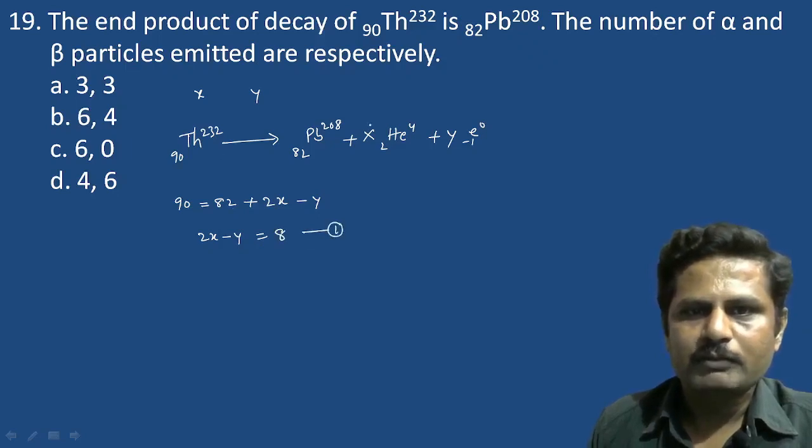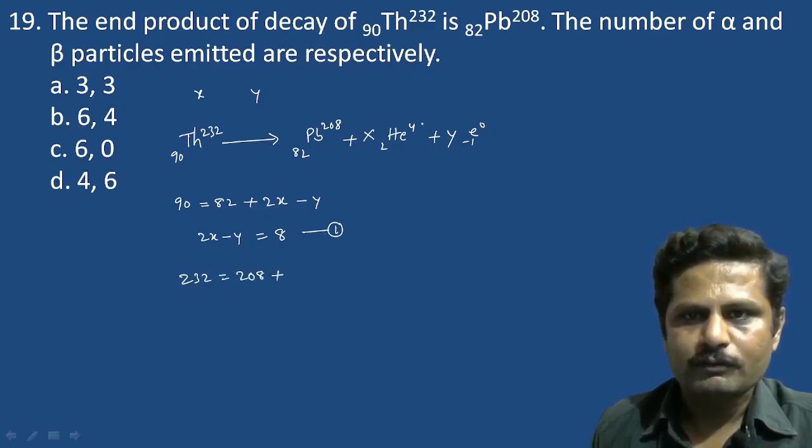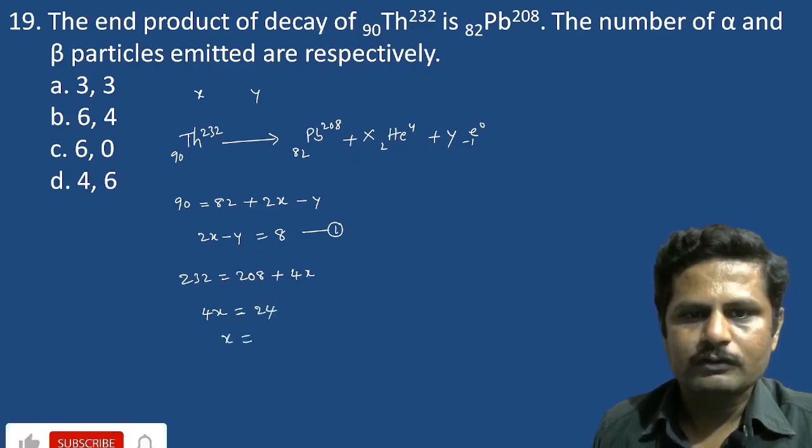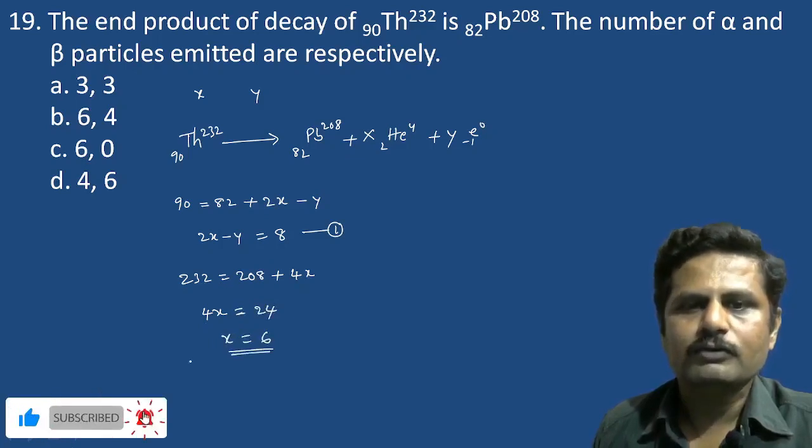Now on comparing the mass number, that is 232 equals 208 plus 4x. So here 4x equals 232 minus 208, that is 24. So x equals 24 divided by 4, which is 6. So x equals 6.